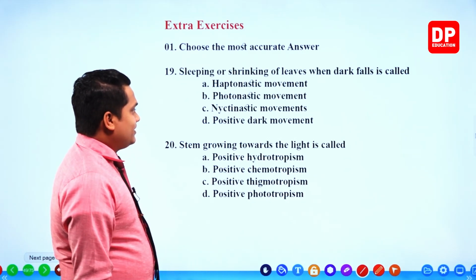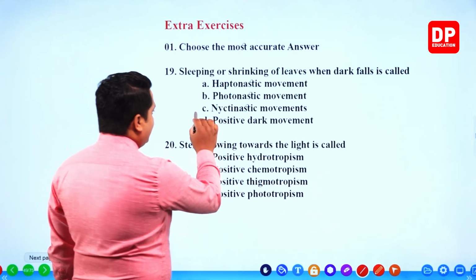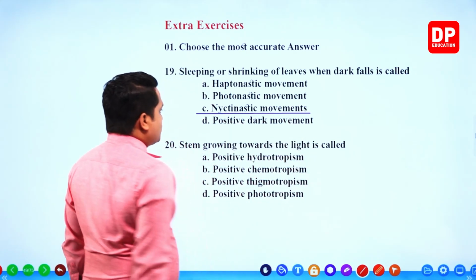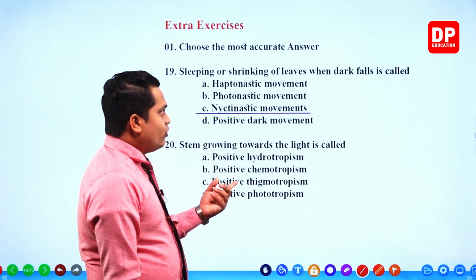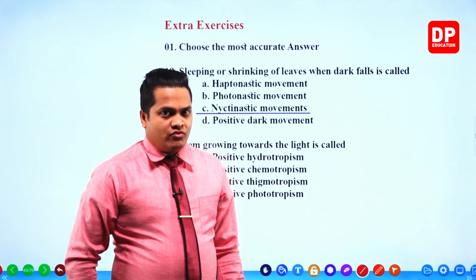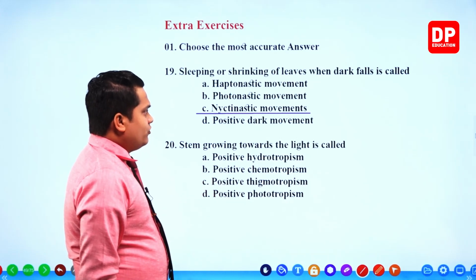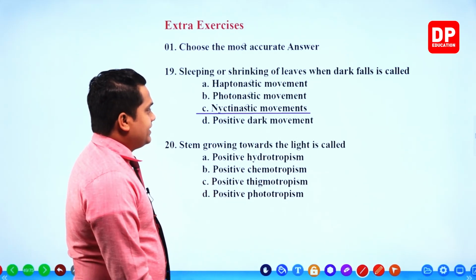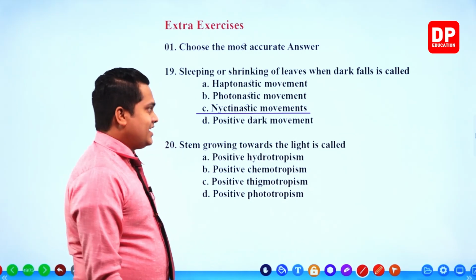Then the next one, nyctinastic movement. Of course, that should be the answer. Within this nyctinastic movement, when dark falls, the leaves will go into sleeping movement. Positive dark movement, there is no certain movement like that. So the correct answer would be C, nyctinastic movement.